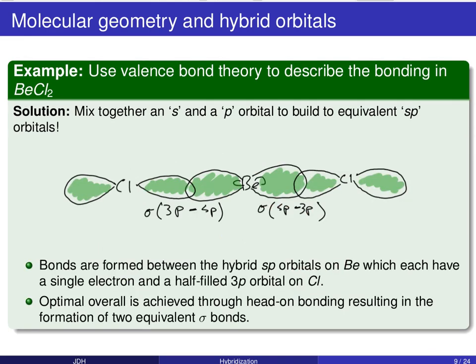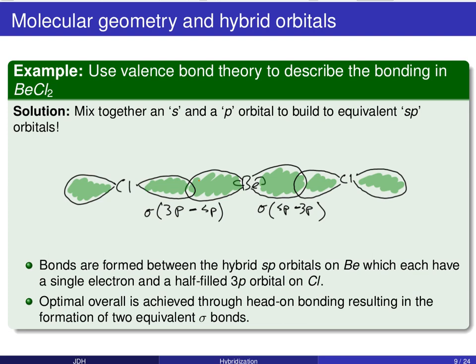So to see a little bit more complete picture of this, we can consider the orbitals in our example of beryllium chloride that are actually involved in the hybrid orbital bonding picture using these sp hybrid orbitals. The chlorine atom will obviously have a bunch of lone pair electrons, 3 sets of lone pair electrons that will be on different orbitals, but the chlorine atoms will have a half-filled set.